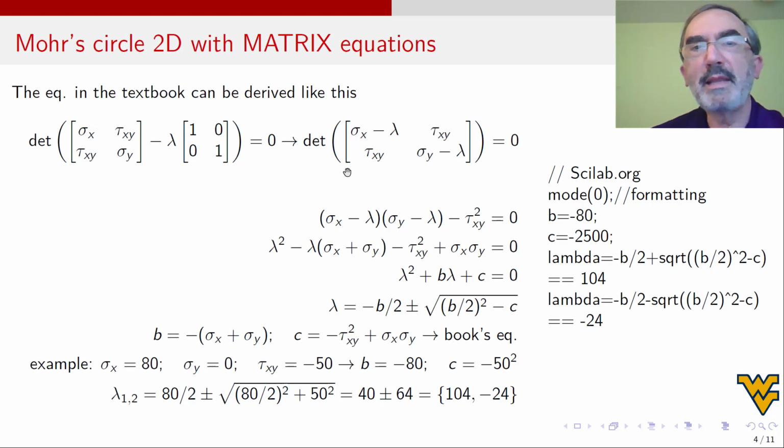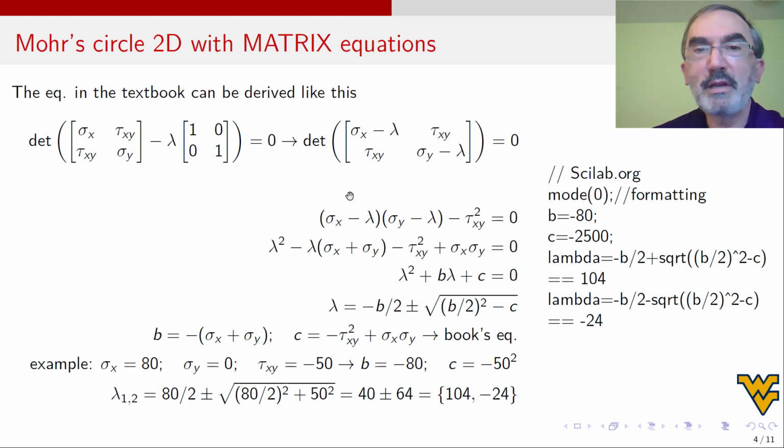All right, but now I put a determinant of a single 2 by 2 matrix, and everybody knows how to get the determinant, right? This times this minus this times this. So I do that. This times this go there, minus this squared. Okay, so this equation is the same as this equation, which is the same as this equation. Okay, and the book is saying that if you do this, you'll get the lambdas.